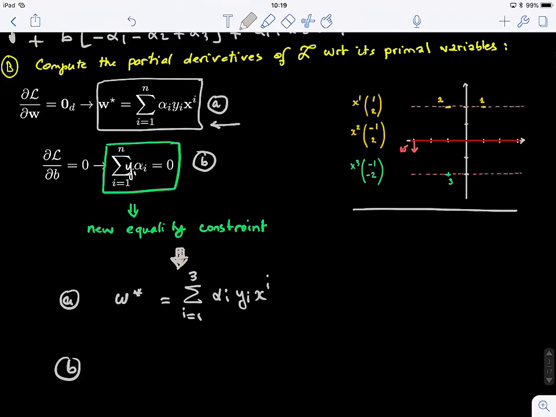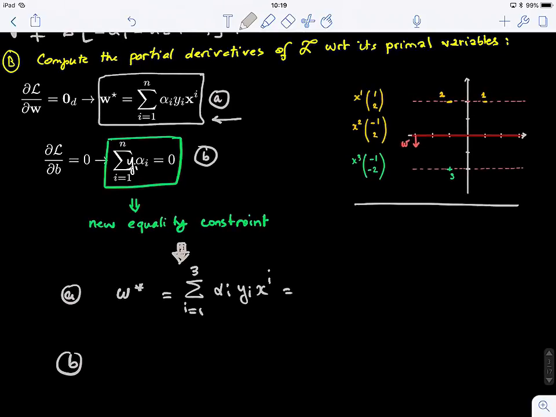Let's write it down together. This is very easy. We have negative alpha 1 times x1, negative alpha 2 times x2, and plus alpha 3 times x3.